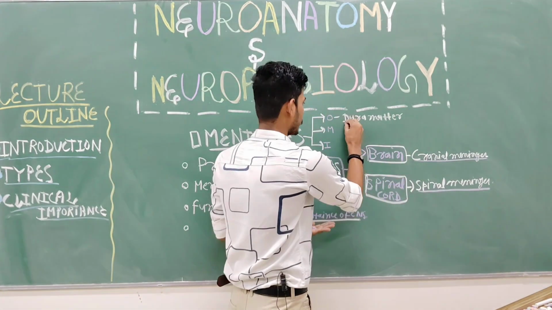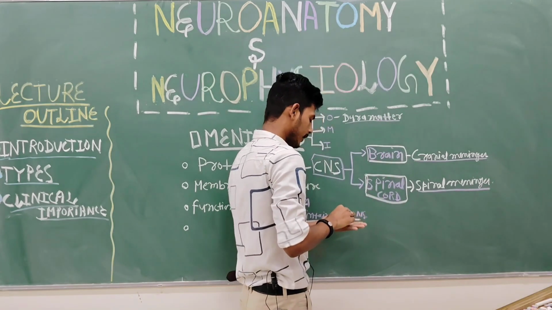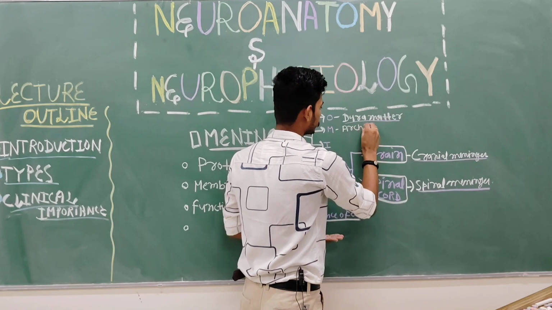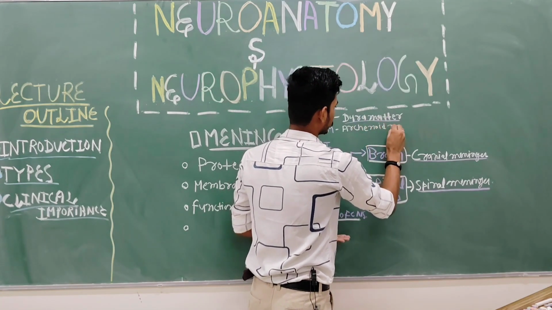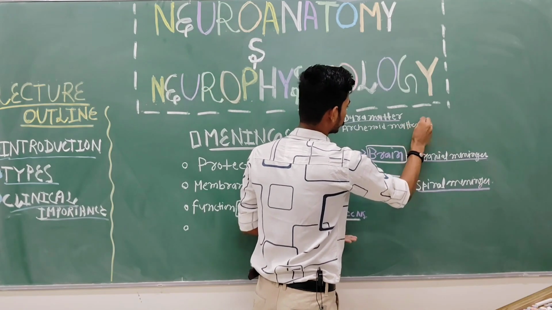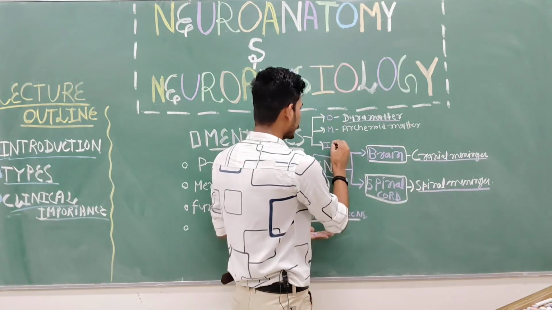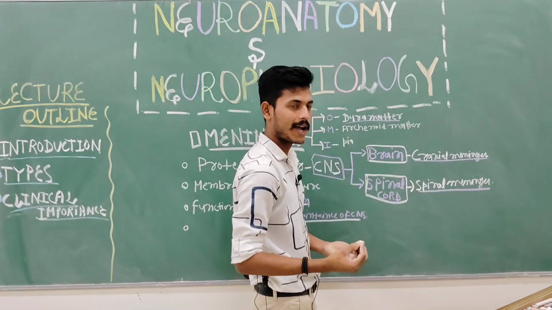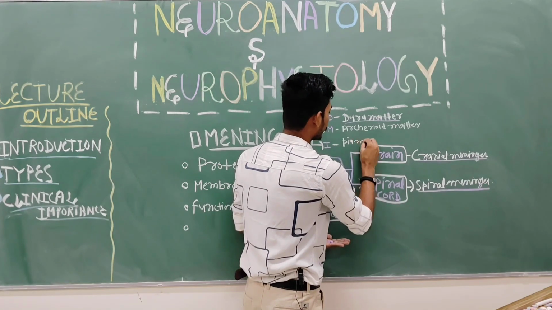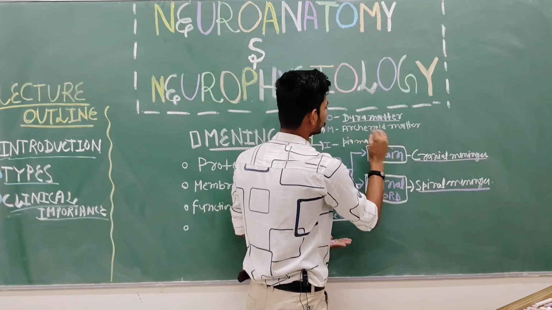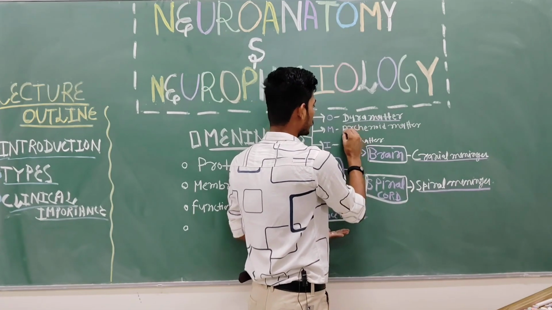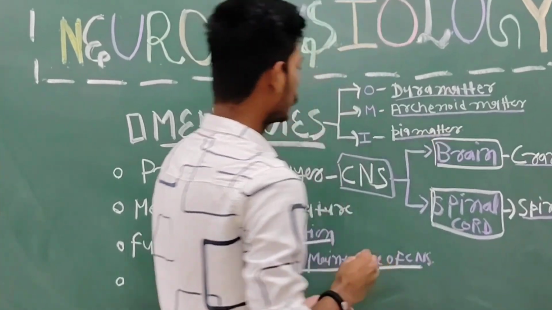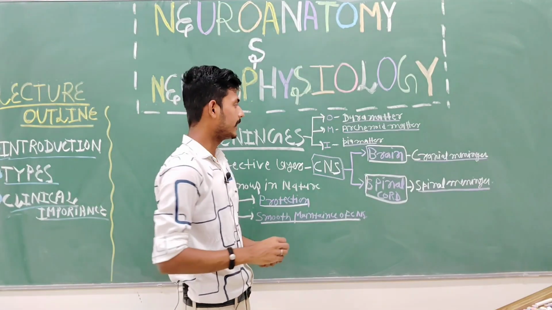The middle layer is called arachnoid mater. The inner layer is called pia mater.